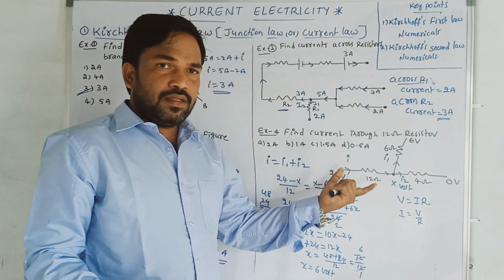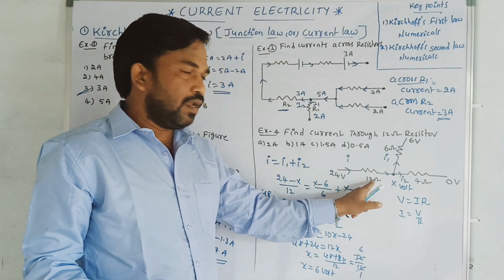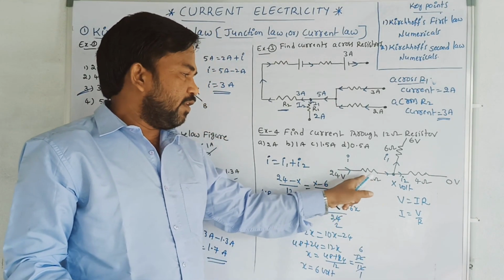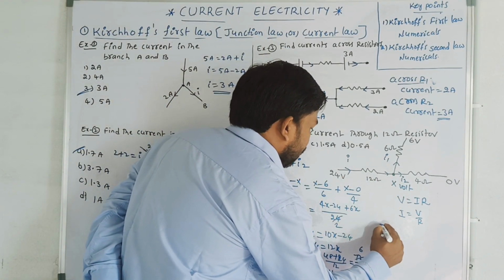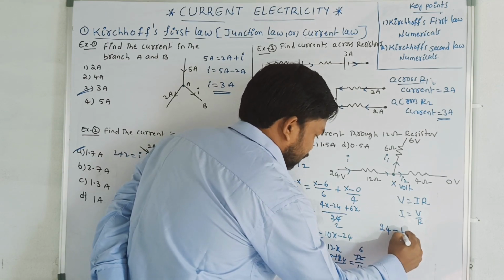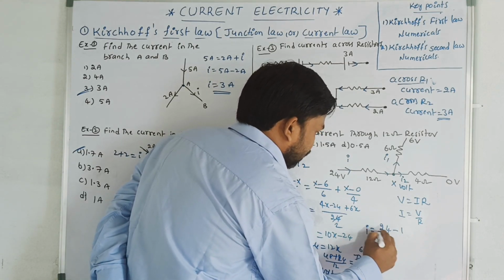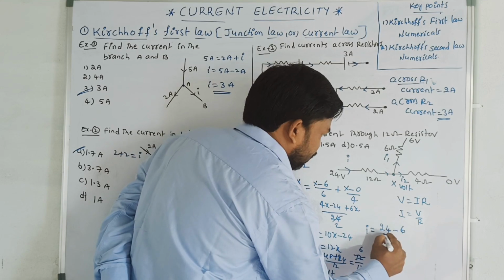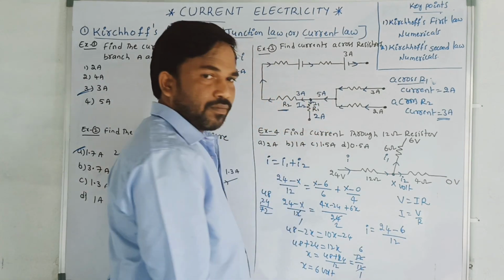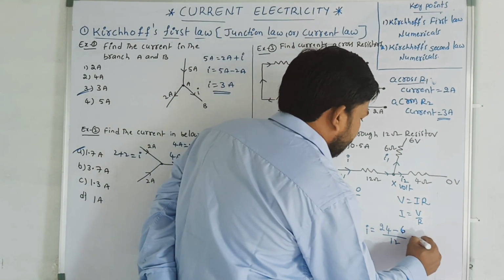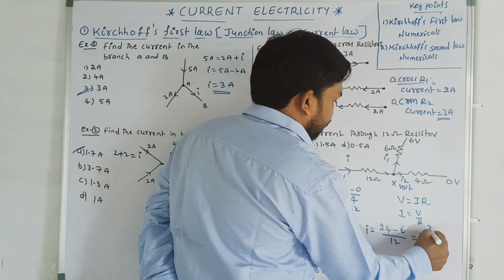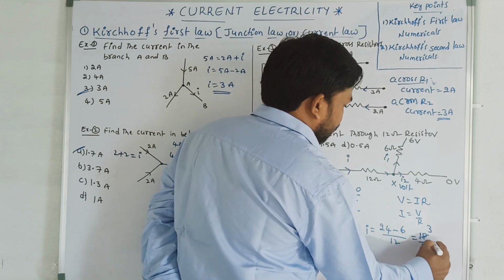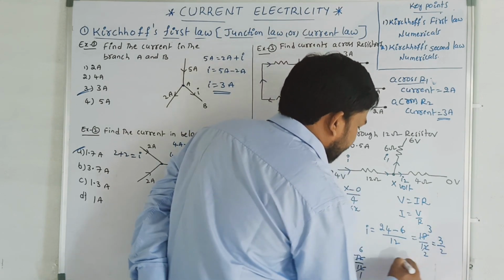Now we have to find the current across the 12 ohm resistor. Therefore I am applying the first rule: the current I is equal to 24 minus 6 by 12. 24 minus 6 is 18 by 12, which is equal to 3 by 2.